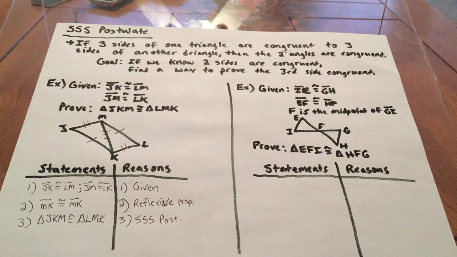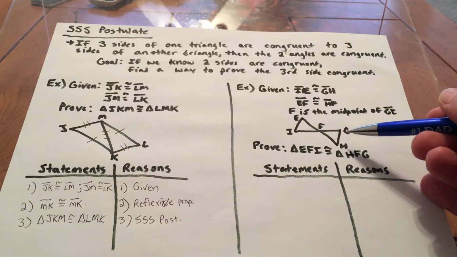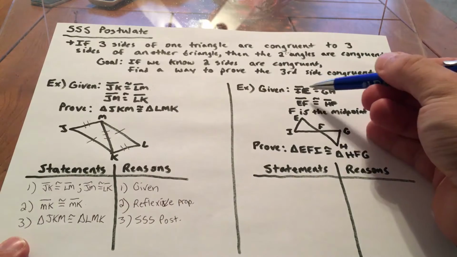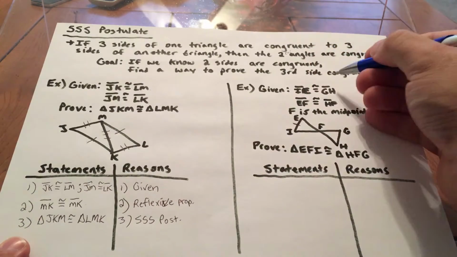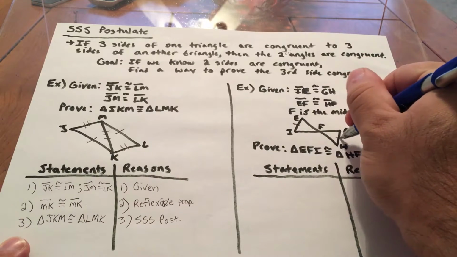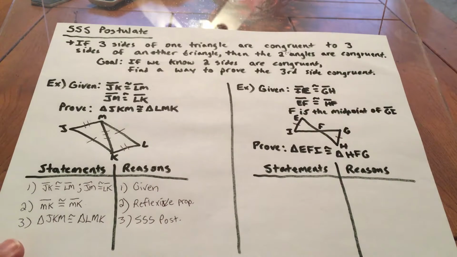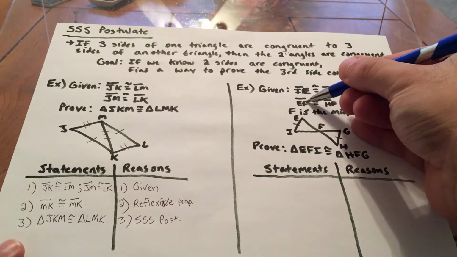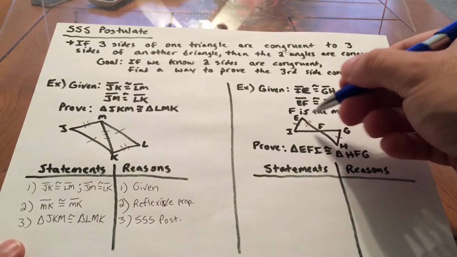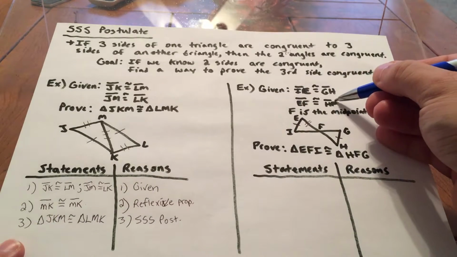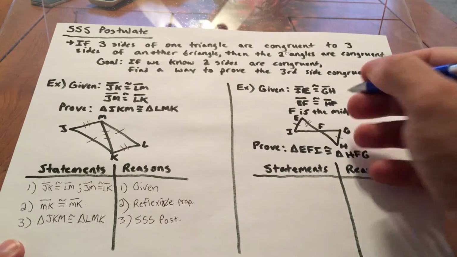Okay, so the first step I suggest is to mark your drawing. They have a drawing here. They say that segment IE, so that's this segment, is congruent to segment GH. So right there, those two sides are congruent. Then they say that segment EF, which is this side, and we'll use 2 tick marks because it's a different side now, is congruent to HF.